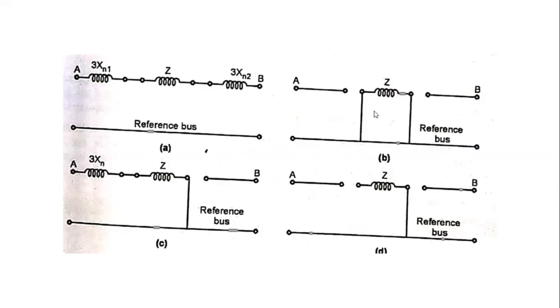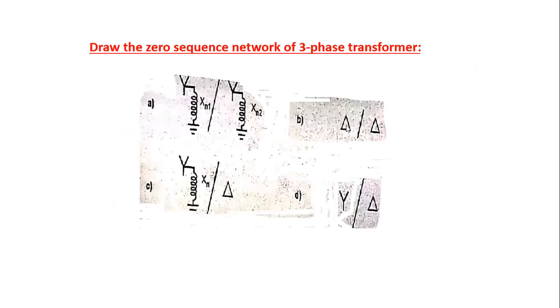But there is no grounding in both cases. No ground means it is open circuited. Therefore the primary side is open circuited, and the secondary side is also open circuited. This is the delta connection of the transformer.